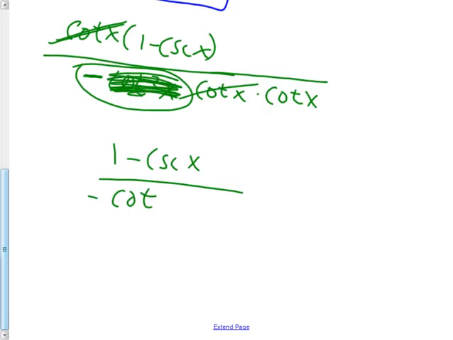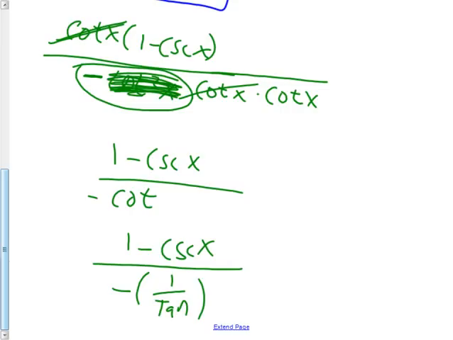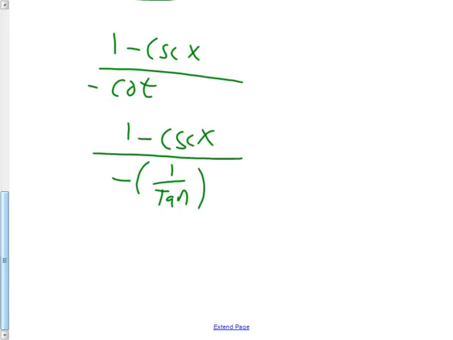So all I have to do is replace cotangent right here with 1 over tangent. And then that can flip and multiply and be back up on top. I'll show you that step. That comes over here and becomes negative tangent over 1.